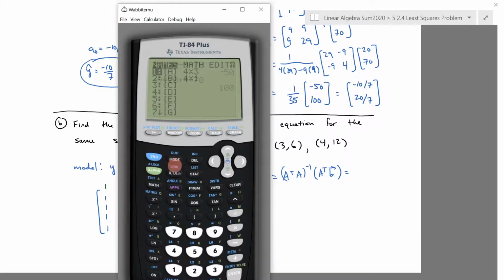First parentheses, A transpose A, close parentheses, inverse, open parentheses, A transpose B. Calculating it all at once, I get 0, -1, 1.